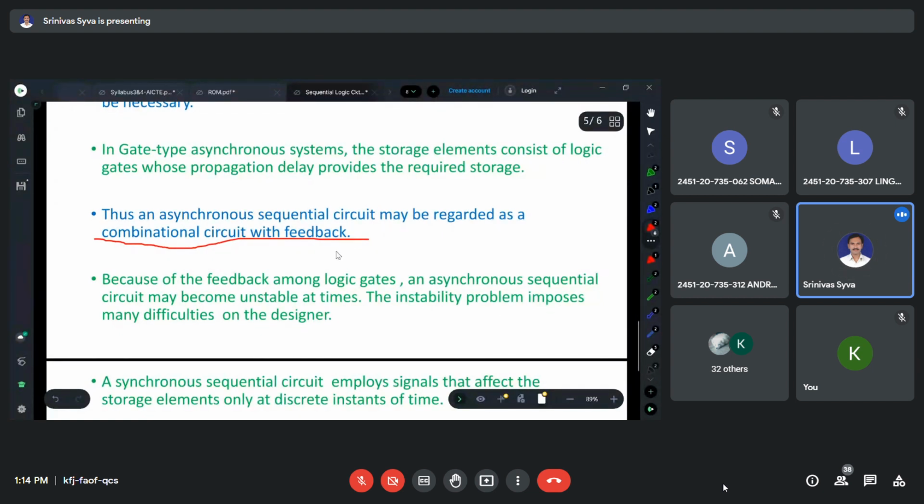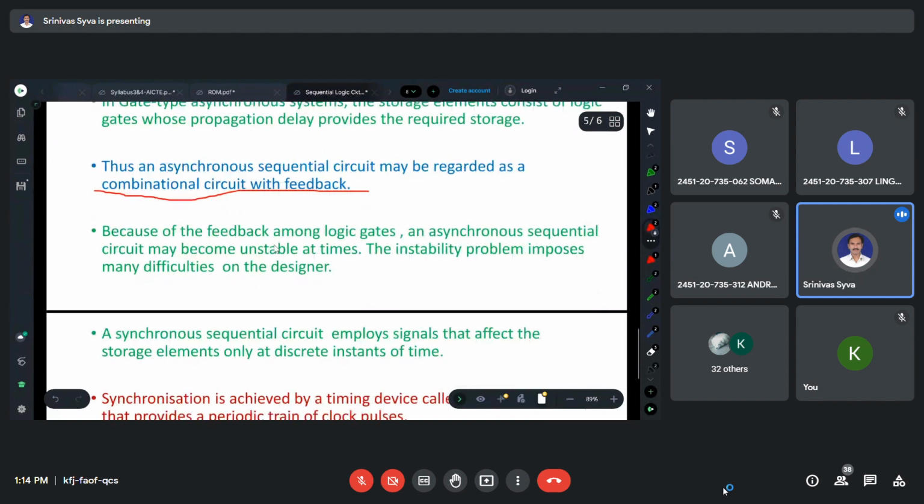Because of the feedback among these logic gates, in asynchronous sequential logic circuits we have some configurations, some combinations of the various logic gates, and there will be a feedback path between them. So because of this feedback, an asynchronous sequential circuit may become unstable at times. That means the output will not remain at a particular state.